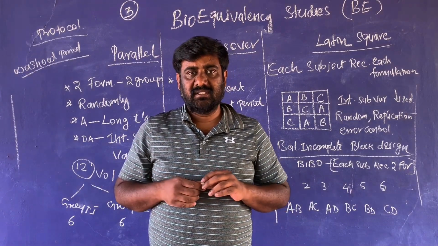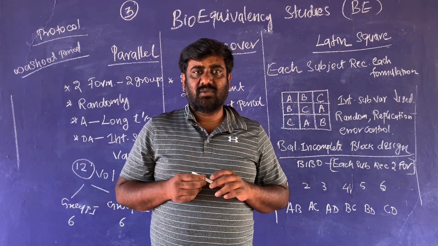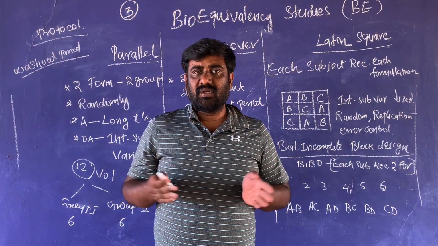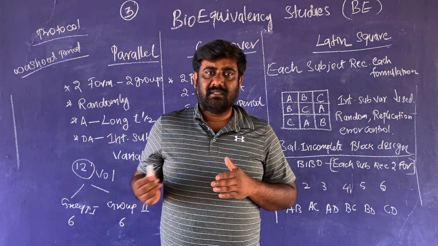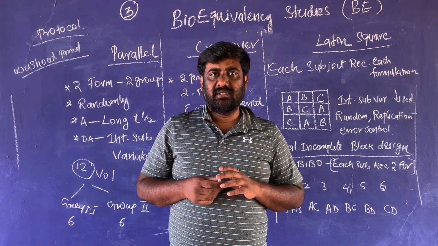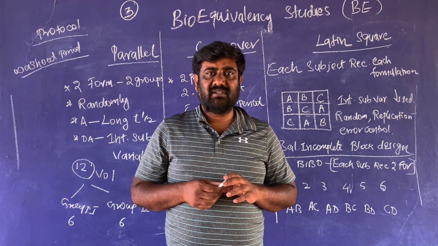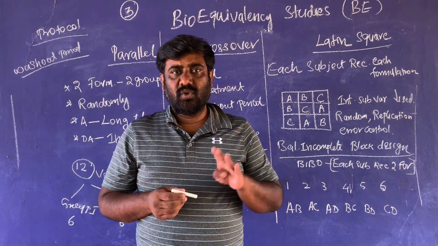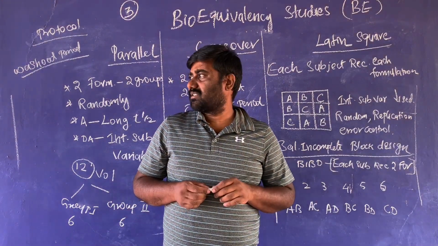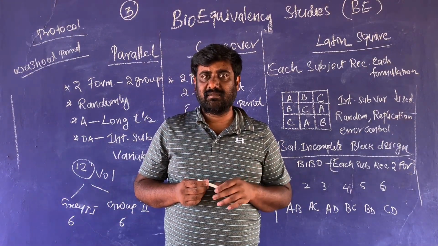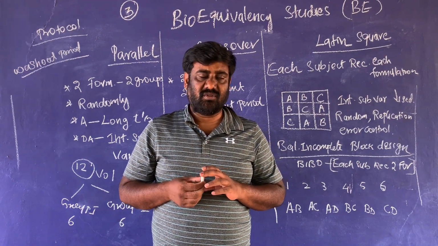to be explained to them. Then all the volunteers are asked to fast overnight, or for 10 hours, before starting the experiment. Once after administering the drug, after the 10-hour fasting, a 4-hour fasting is recommended. That means if the drug is administered at 8 o'clock in the morning after 10-hour fasting, then the next food they are supposed to take is at 12 o'clock.